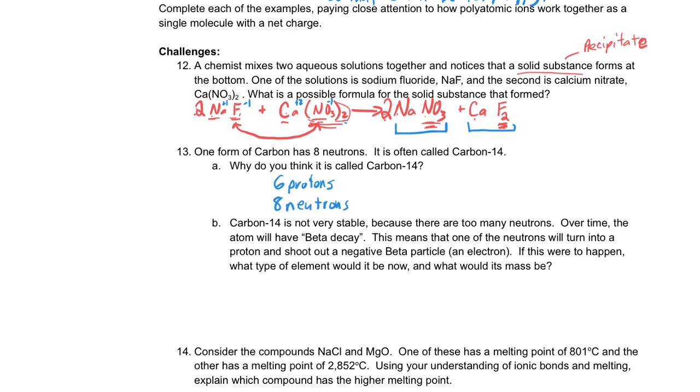Where do you think the 14 came from? Well, hopefully you're saying, 6 plus 8 is 14. And I would say you are absolutely correct. Carbon-14 is called carbon-14 because that is the mass, the atomic mass, or sometimes we call it the nucleon number.